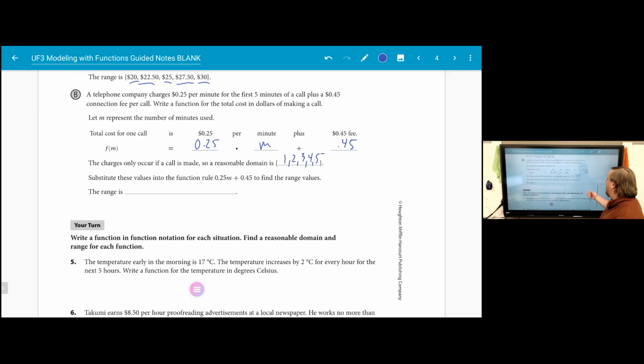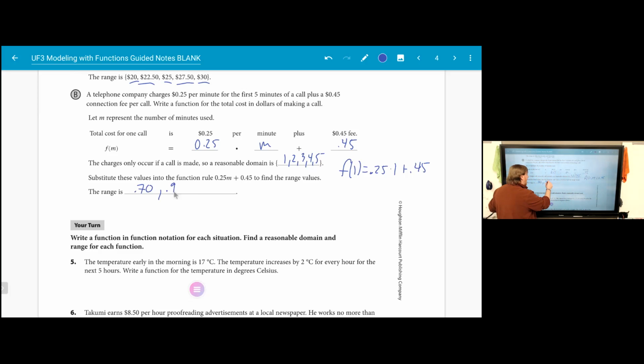All right, substitute the values to find out. For 1 minute, f of 1 equals 0.25 times 1 plus 45 hundredths. This would give me 70 cents. So with 1 minute, the value is 70 cents. I'm going to keep adding 25 cents each time.